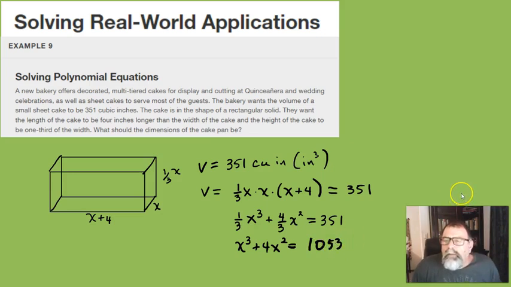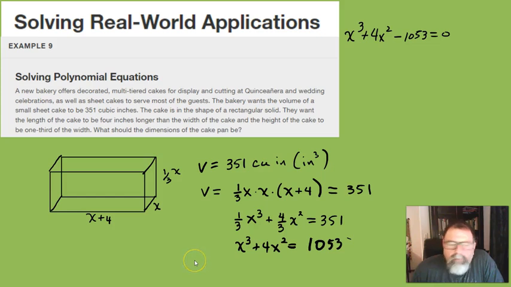Now I want to solve this. So I have x cubed plus 4x squared minus 1053 equals 0. Then we're just going to look at factors of this to see if I get any zeros. So I'm just going to factor here.